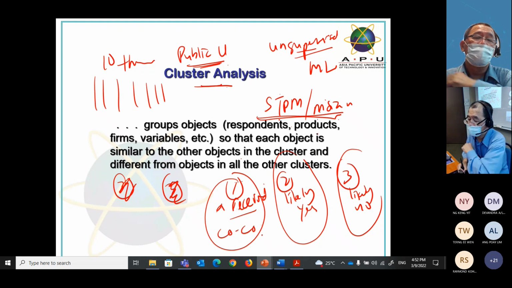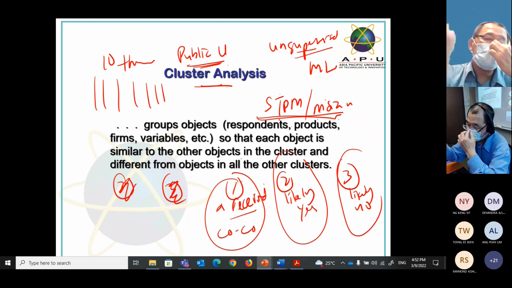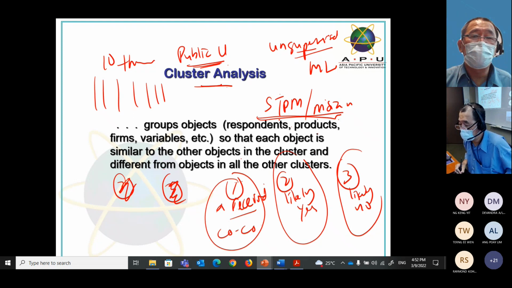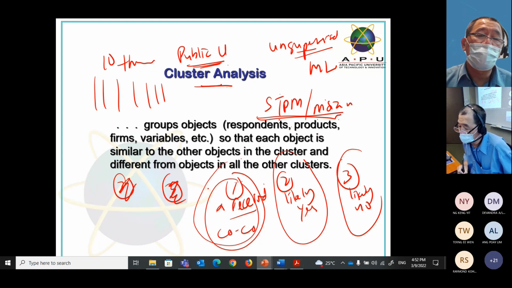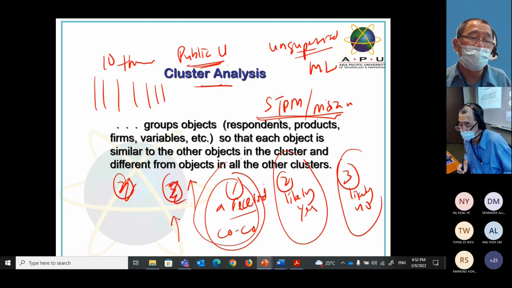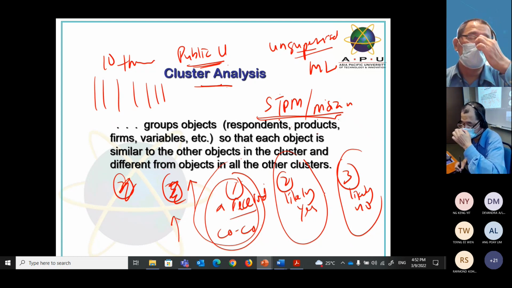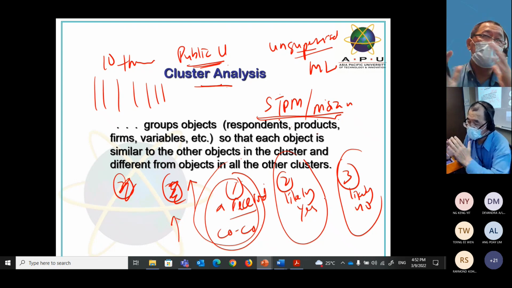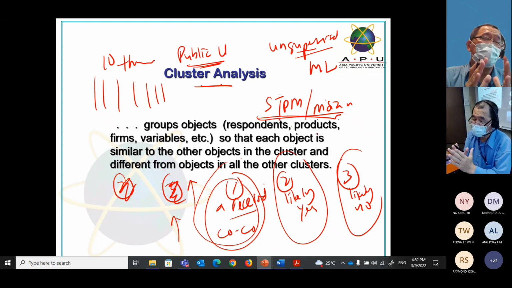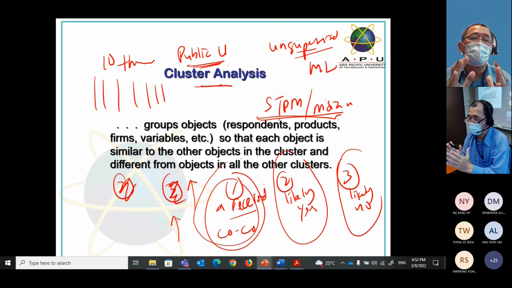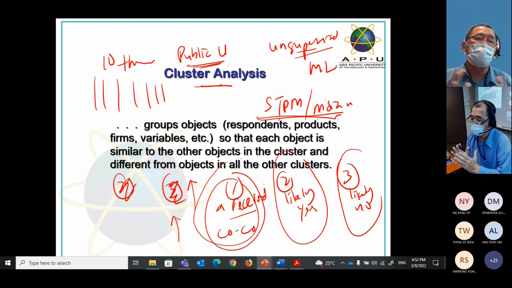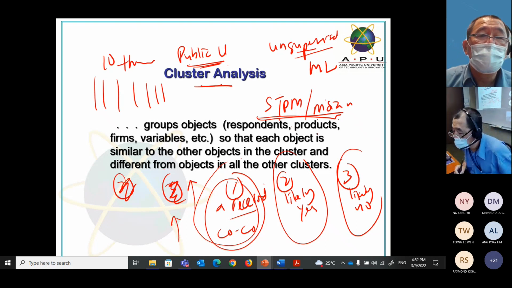So you don't know yet the outcome, but you can do the clustering and make it become 3 clusters. The first cluster are all high CGPA, also high core curriculum, so active in the core curriculum. Therefore, within the cluster will be quite similar, but between clusters very different.